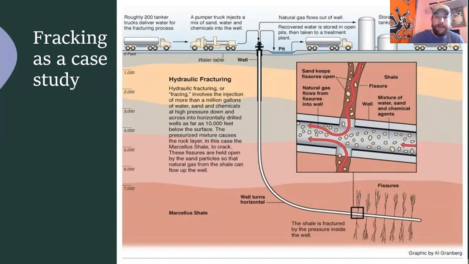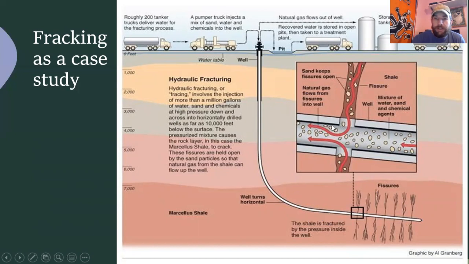So in a nutshell, fracking is a natural gas and oil extraction technique that involves drilling deep down into the surface of the earth. Often you have to turn the well bore horizontal, you see down here. So horizontal drilling is often a part of this. And then this little box is blown up here.